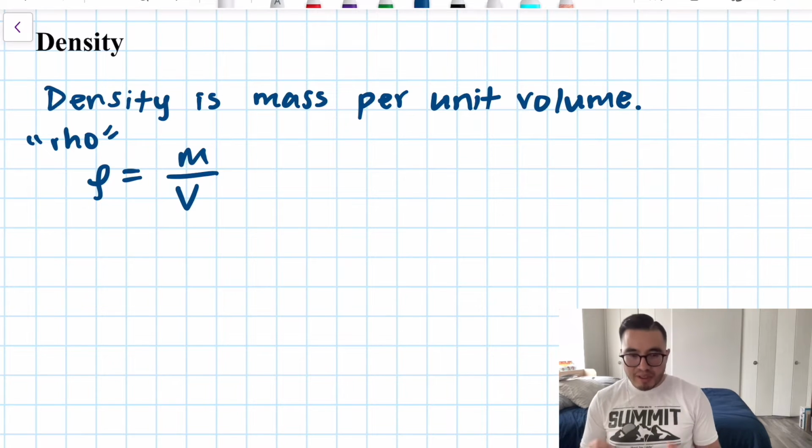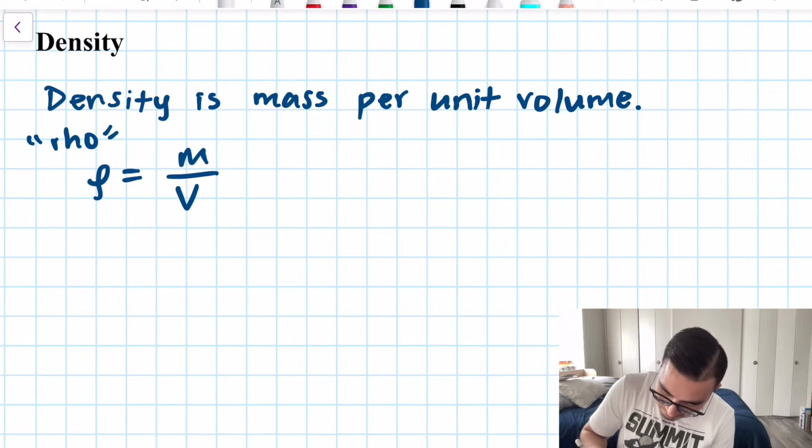It's just stuff over volume. That's why things such as neutron stars have a very high density, because they have a very high mass concentrated in a very small volume. Well, small in terms of astronomical measurements. And rho is density.